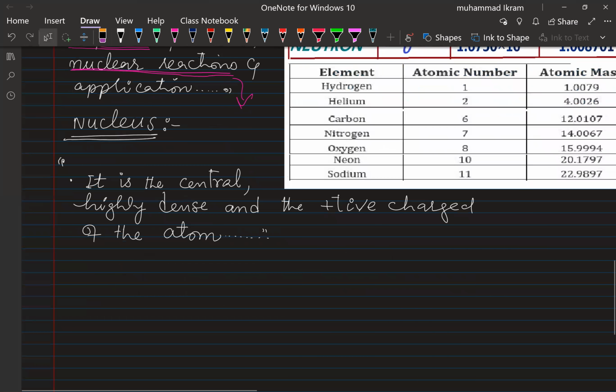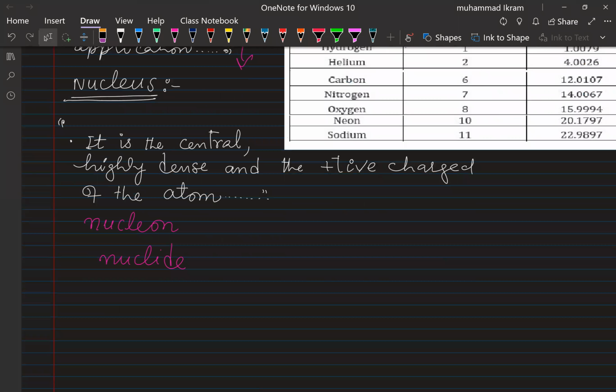Now, a few things I would like to tell you here. We will discuss here the nucleon, nucleons, nuclide, the size of the nucleus, right?